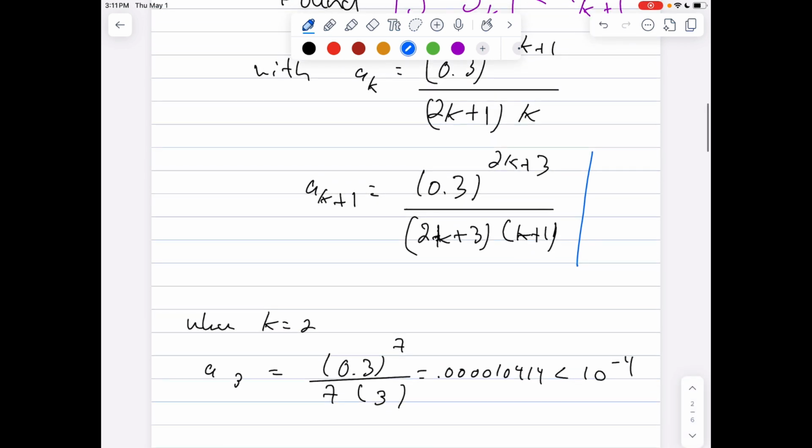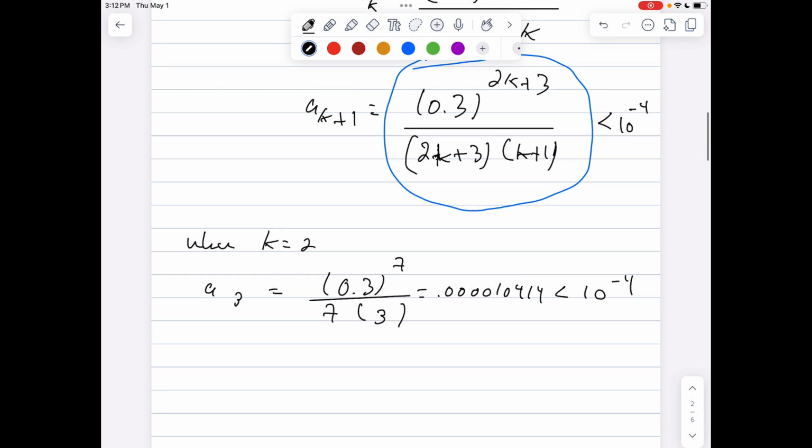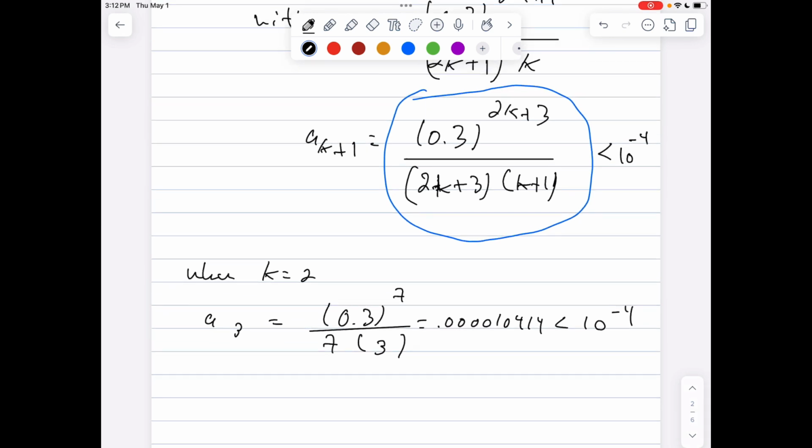Now, your goal would have been this. You would have tried to see when this expression, 0.3 to the 2k plus 3, divided by (2k plus 3) times (k plus 1), is less than 10 to the negative 4. The easiest way to do that is just by plugging in a value of k which makes it work. So in this case, if you pick k equals 2, you would plug 2 into your formula, and you would get 0.000401014 here.